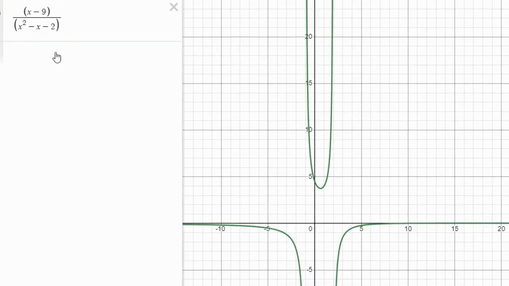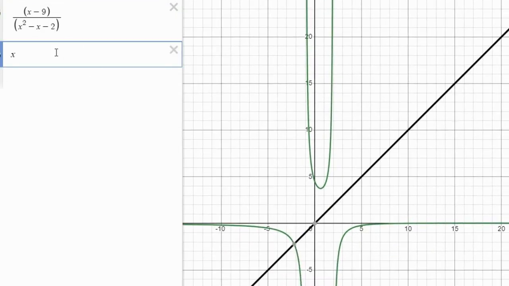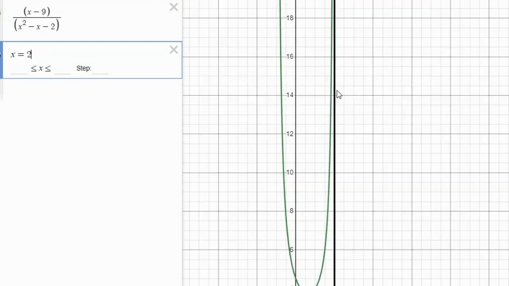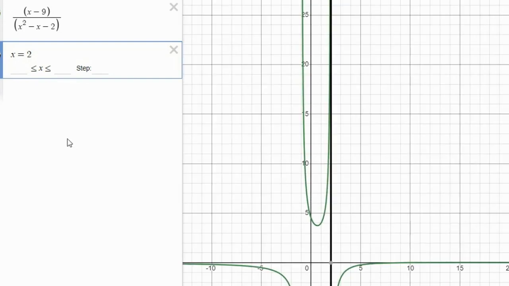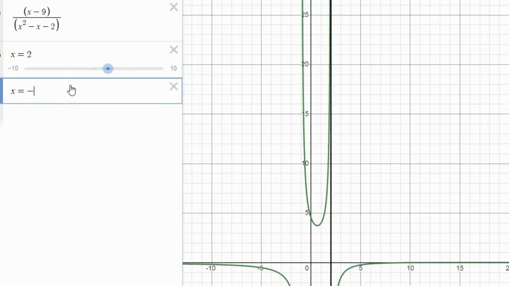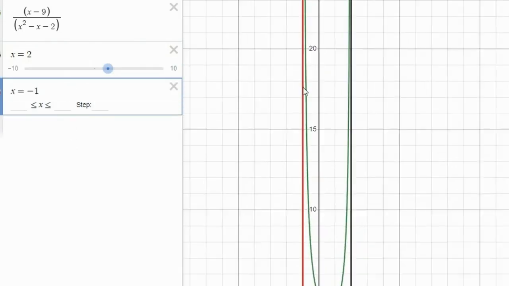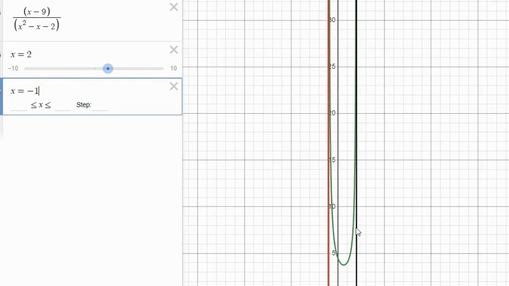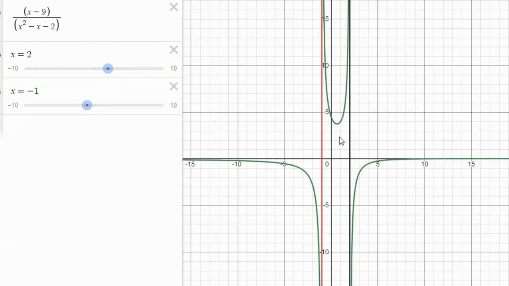And we said there's an asymptote at x equals 2. See, it gets really close to there, but it never touches 2. And we also said there's one at x equals -1. So it makes a parabola type shape, but it never touches either 2 or -1.